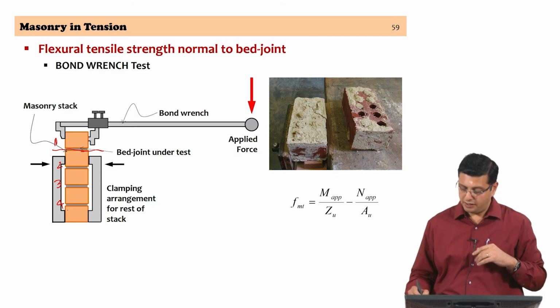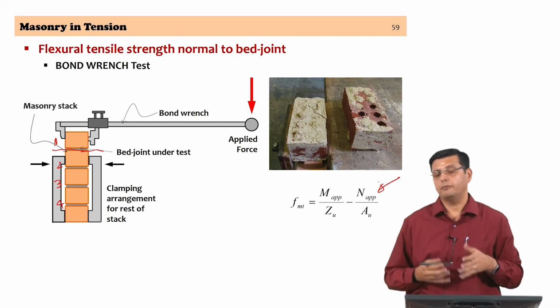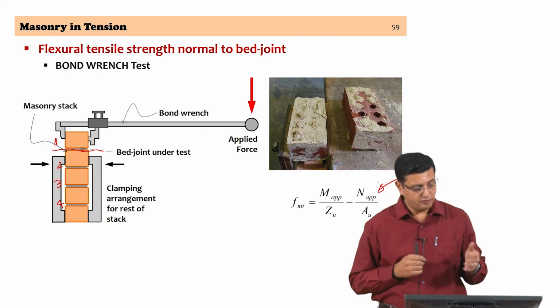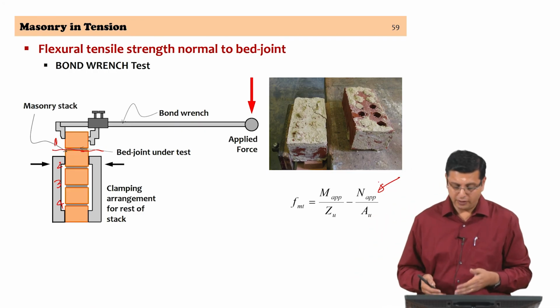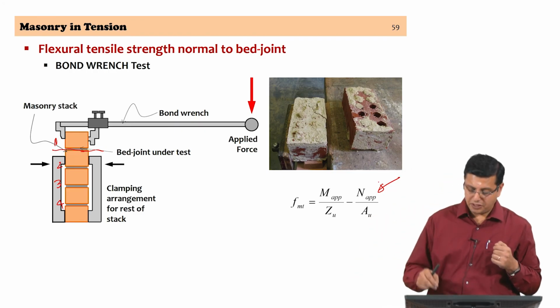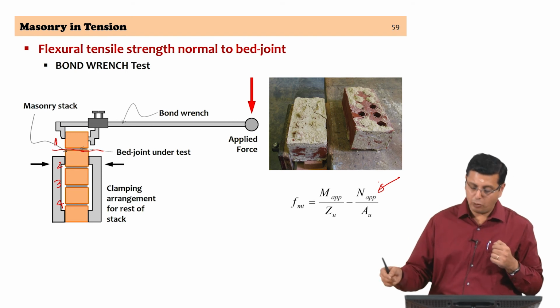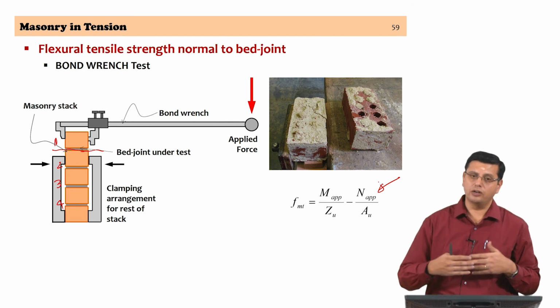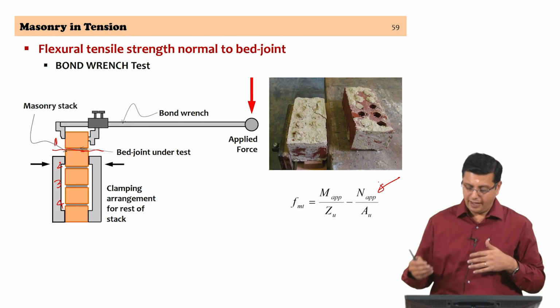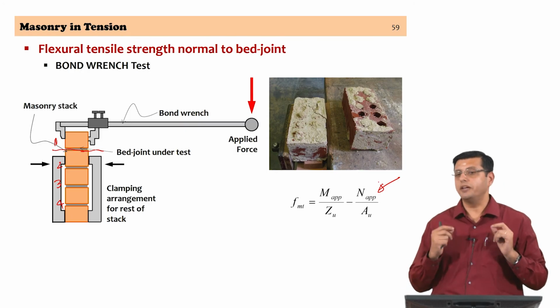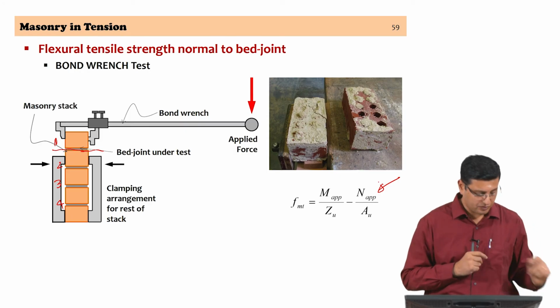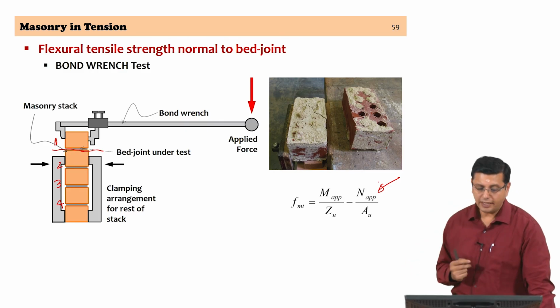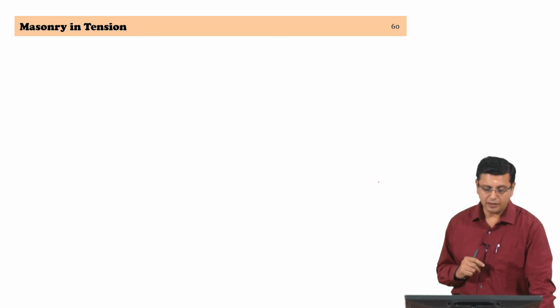So, the stress due to compression is actually removed from the estimate of the flexural tensile strength. So, you will be able to estimate the applied moment divided by the section modulus of the cross section that you are examining, and reduce the stress due to pre-compression, due to the self weight itself. So, that is the bond wrench test.